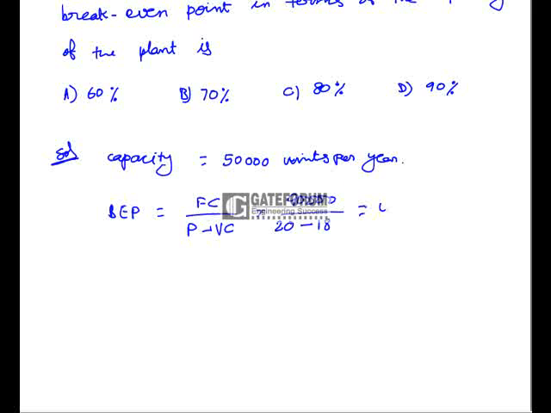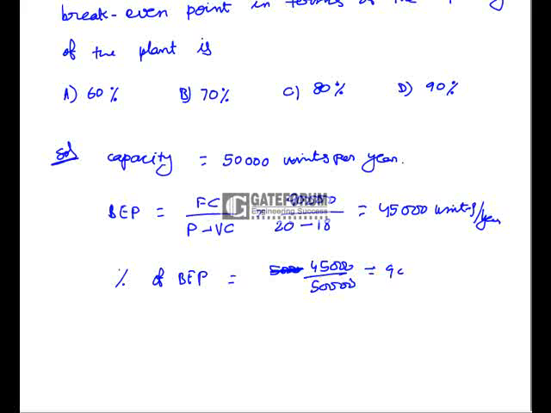So by using this we get the break-even point as 45,000 units per year, and the percentage of the break-even point with respect to the capacity is 45,000 by 50,000, which is equal to 90%. So in the options, the right option is D. D is the right answer.